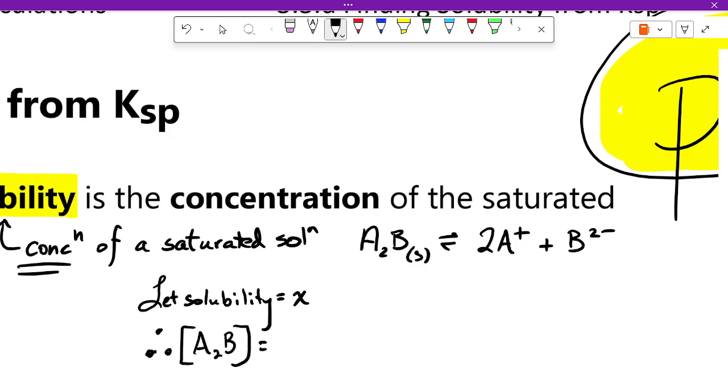What does that mean about the concentration of A2B if the solubility equals X? Bracket X, yes. Okay, X molar.